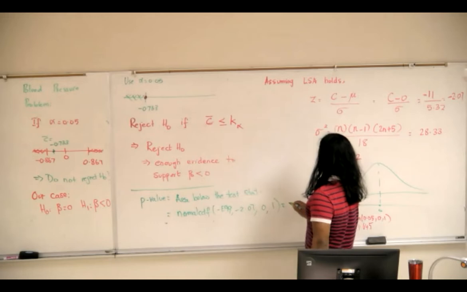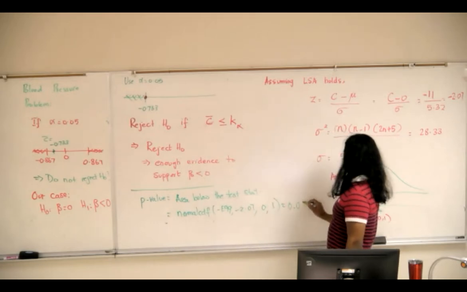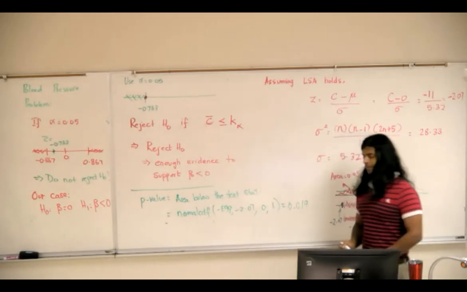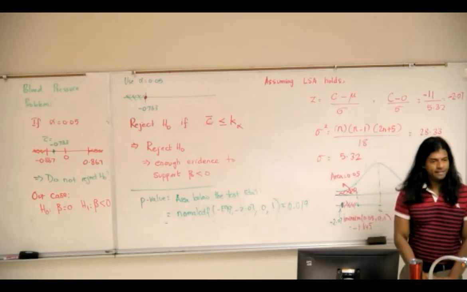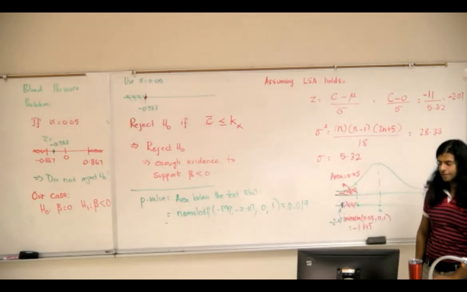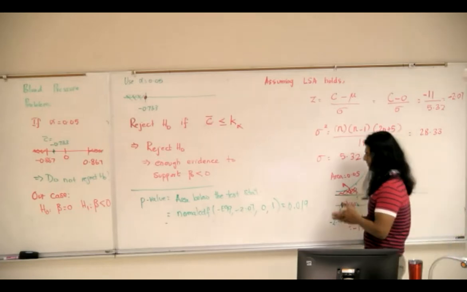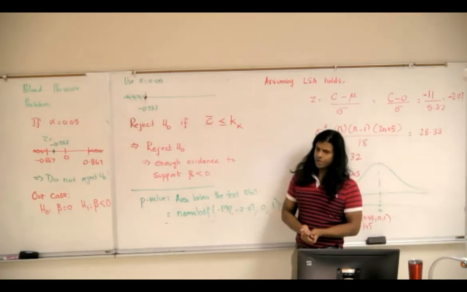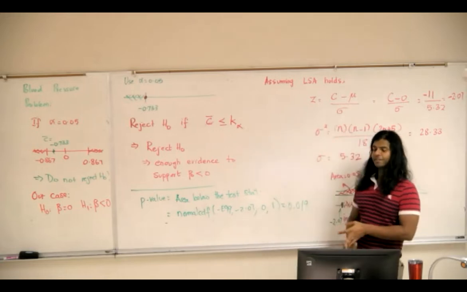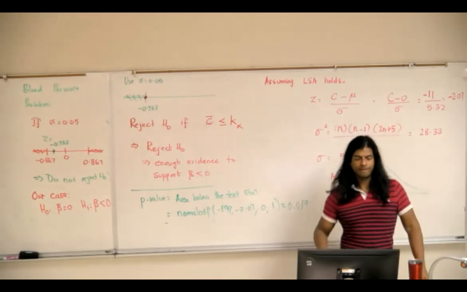What did we get? 0.0219. Definitely less than alpha. Same conclusion, reject null. The drug is effective in reducing diastolic blood pressure, but we do have to keep in mind that this requires further investigation. Good.